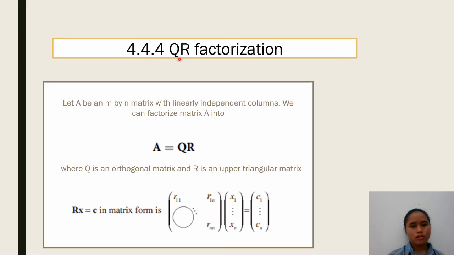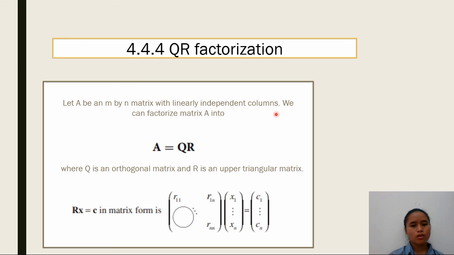QR factorization. So let A be an n by n matrix with linearly independent columns.